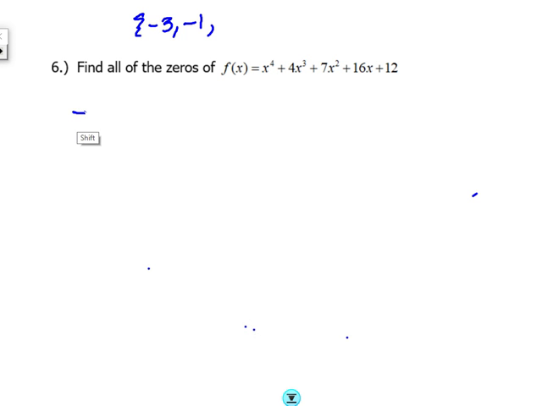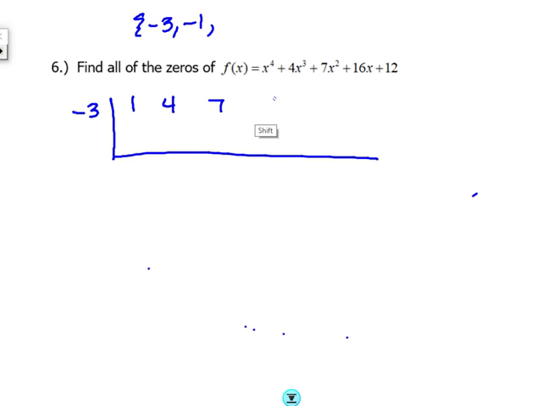All right. So I get negative 3. 0 placeholders? No. So let's write down all our coefficients. And since it's a 0, I should be getting a remainder of 0.